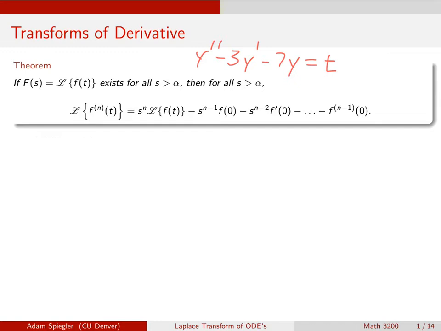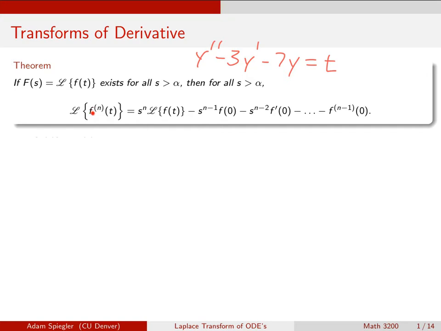So that's what this theorem is stating here. Let's read the statement. If we know that capital F of s is the Laplace transform of little f for all values of s bigger than some value alpha, then this theorem is going to help me figure out the Laplace transform of the nth derivative of this function f.